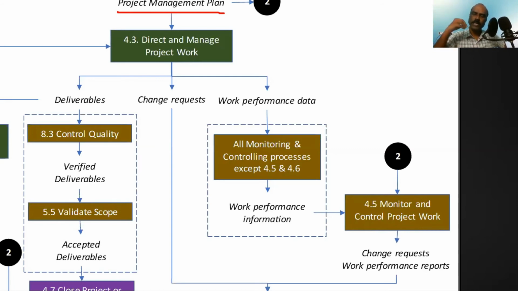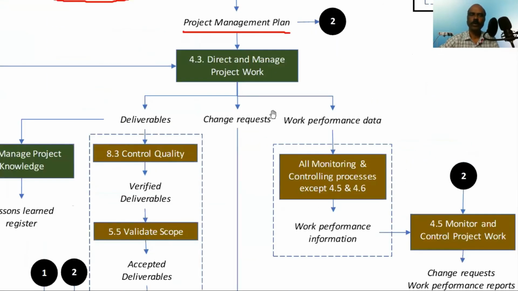All the individual processes do the analysis and send the information back to the boss: here is the information, here is the information. The scheduling team gives the information, the costing team gives the information, the quality team gives the information, the resource team gives the information. Now I, as a project manager, collect all the information. That is monitor and control project work. Once I collect all the information, I put it nicely in reports and send it out. So that is called work performance reports.